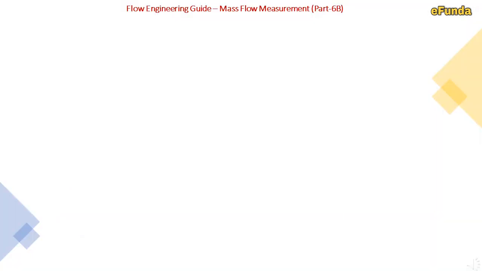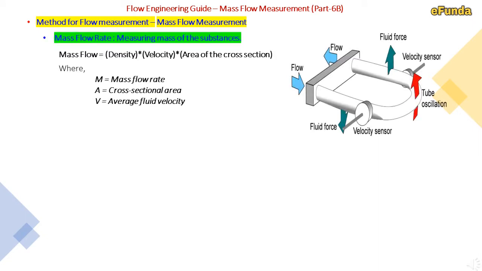In today's video, we are covering the topic of flow engineering guide, mass flow measurement. Today, we will see mass flow measurement, types of mass flow measurement and their operation and working. Method for flow measurement, that is mass flow measurement. Mass flow rate is nothing but measuring the mass of the substances.